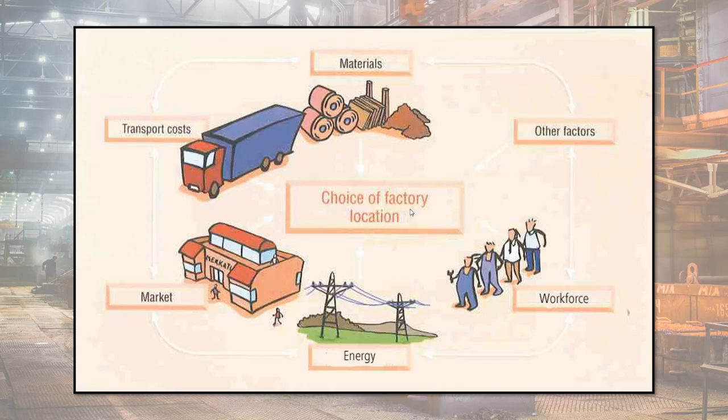So the location of the factories is usually next to the materials, where the raw materials are, because to reduce the transport cost, next to the markets, where the products are going to be sold, so that is why the industries are usually located near cities.